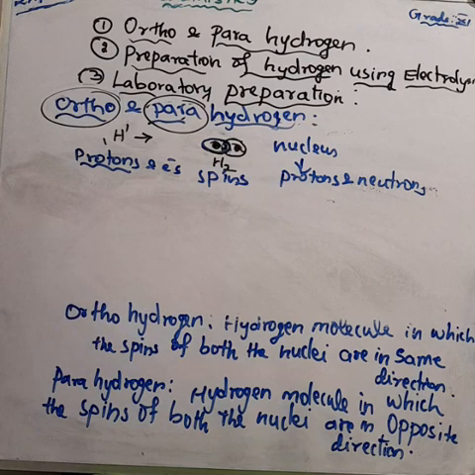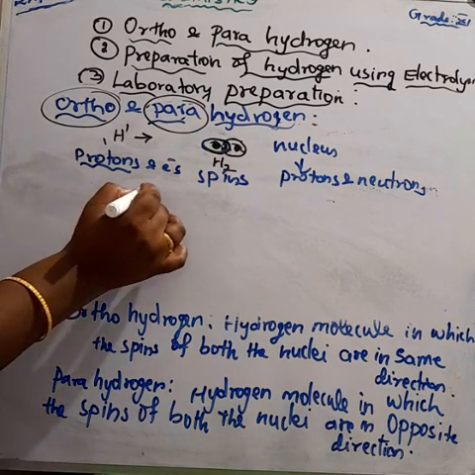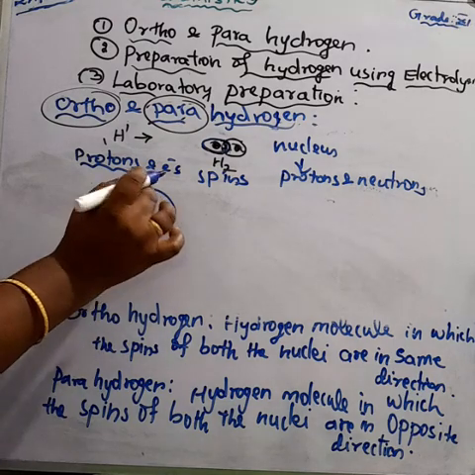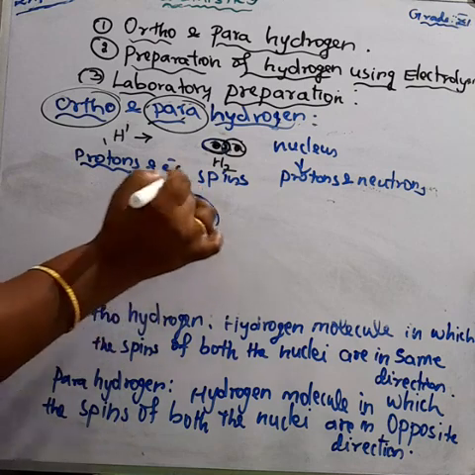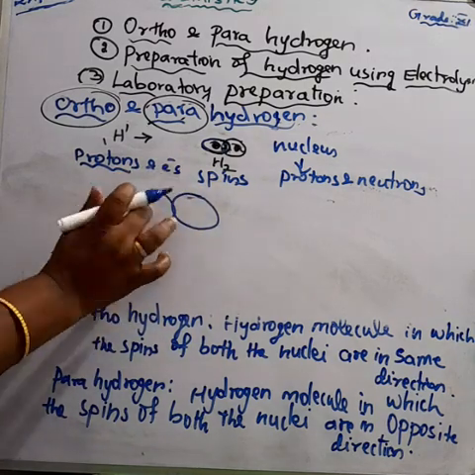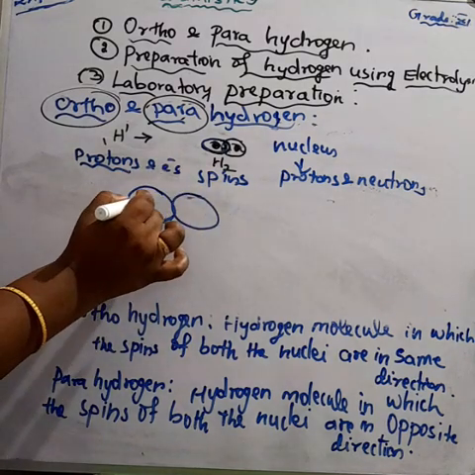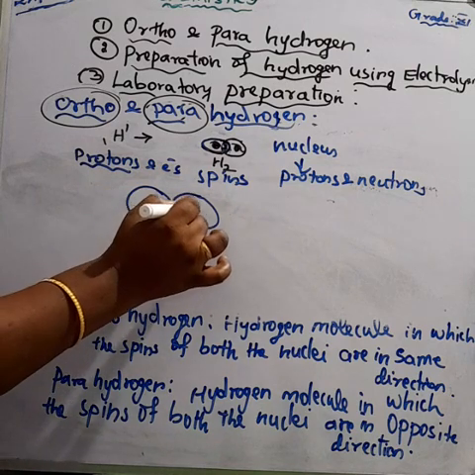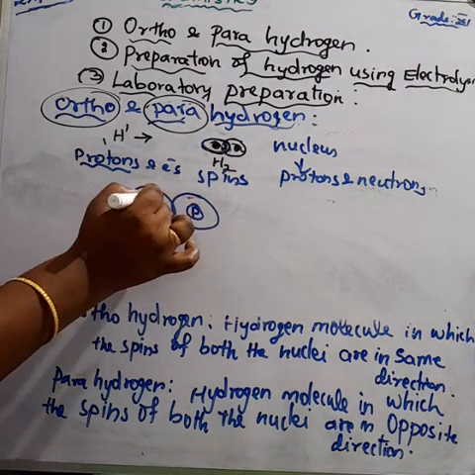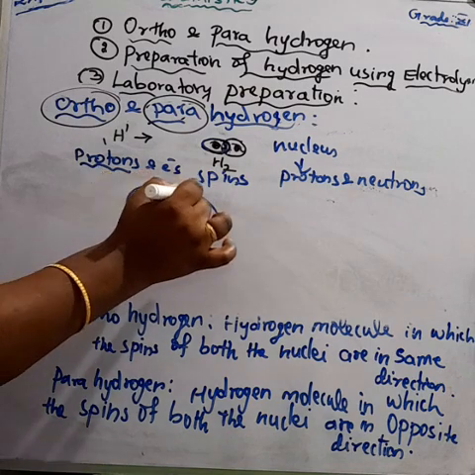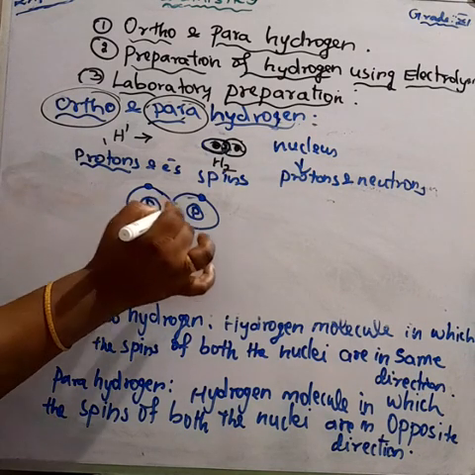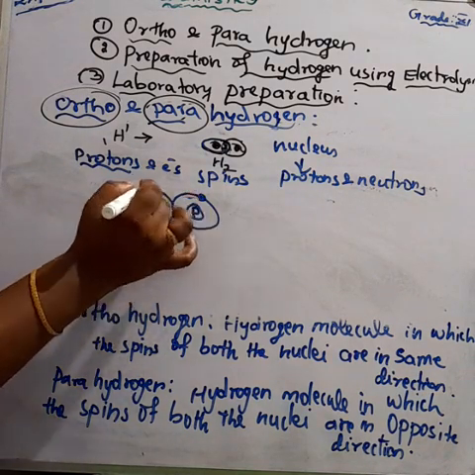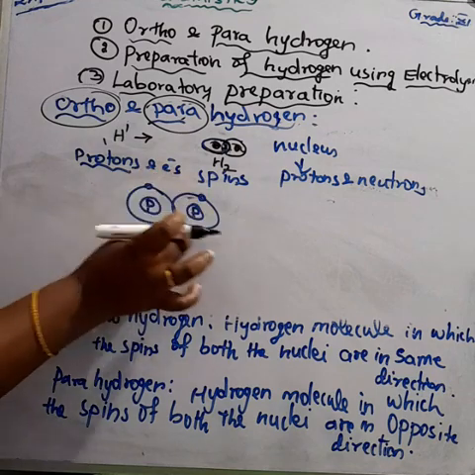When molecular hydrogen is formed, the spins of the two hydrogen nuclei can be in the same direction or in the opposite direction. This is the molecular hydrogen, this is the nucleus of hydrogen, and this is the electron, which revolves around the nucleus.